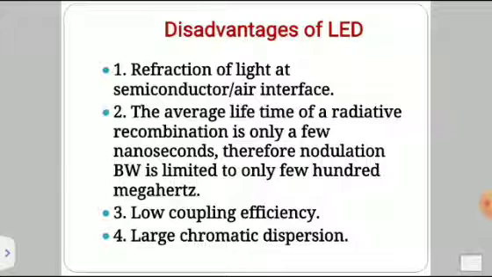As I mentioned, chromatic dispersion is one of the very important dispersions, and it leads to certain losses. Chromatic dispersion is also called material dispersion, and this is the major dispersion compared to waveguide dispersion. If you use LED as an optical transmitter, that leads to chromatic dispersion, so the signals will be a bit distorted.